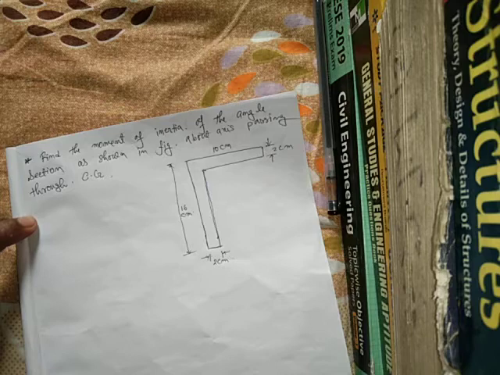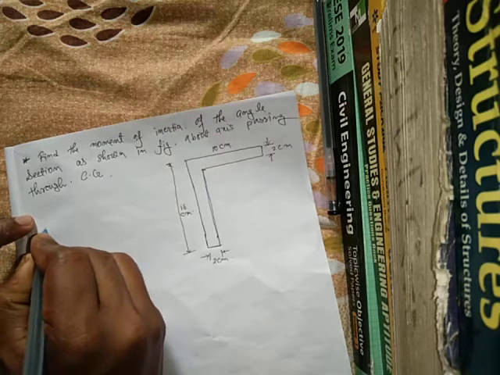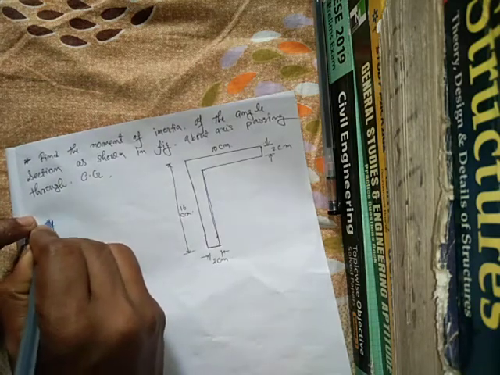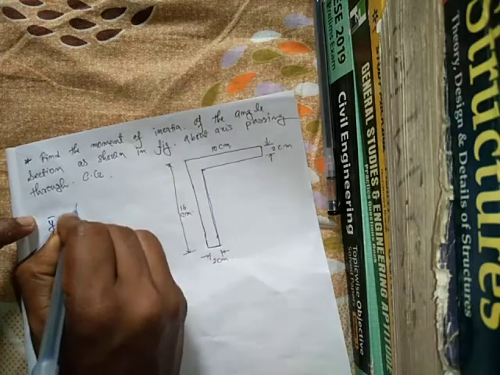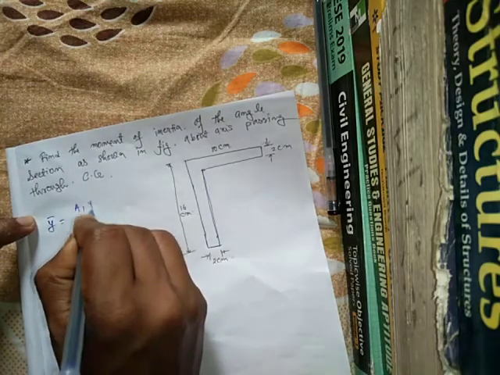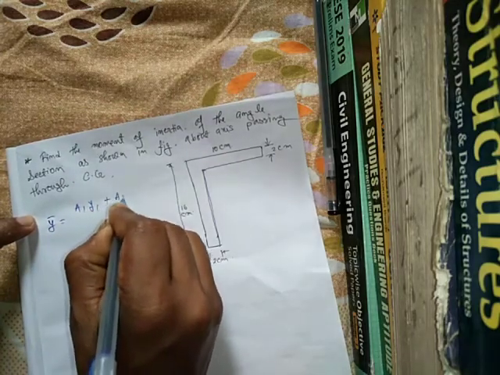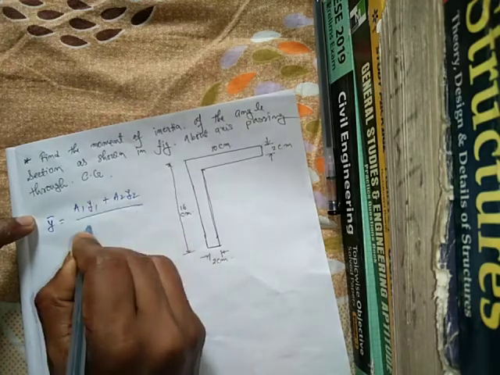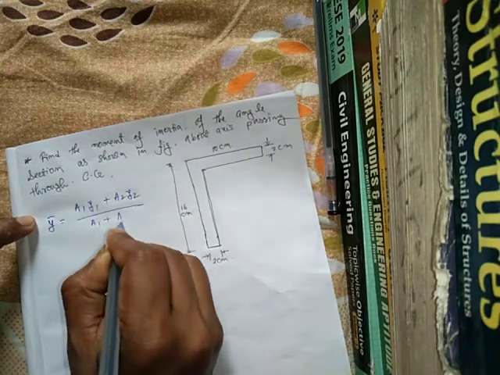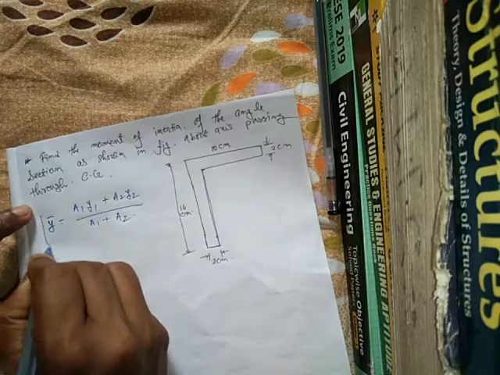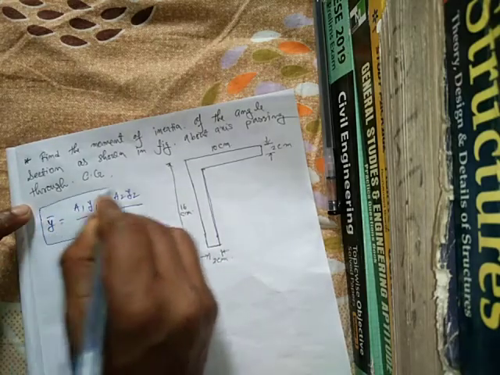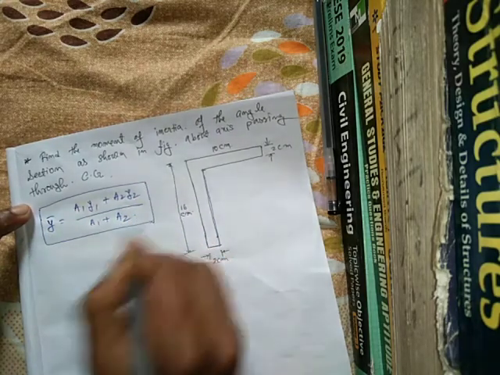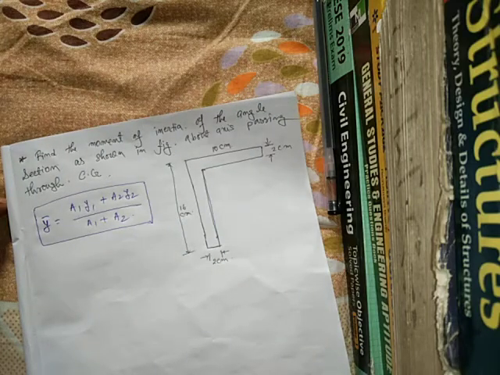First calculate the CG of this section. Y bar equals A1 Y1 plus A2 Y2 divided by A1 plus A2. Using this formula we find out the CG of this section.